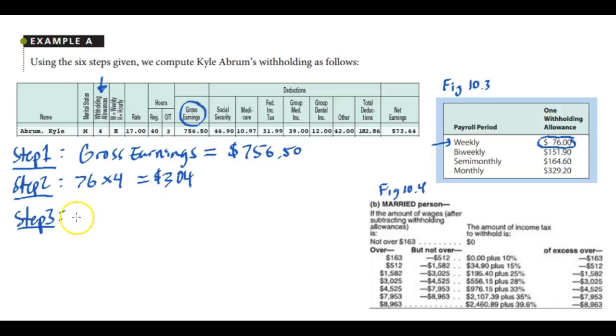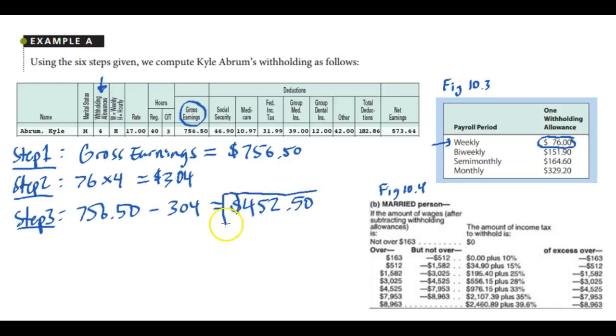So we're going to take $756.50 and subtract 304, and that will give us $452.50.